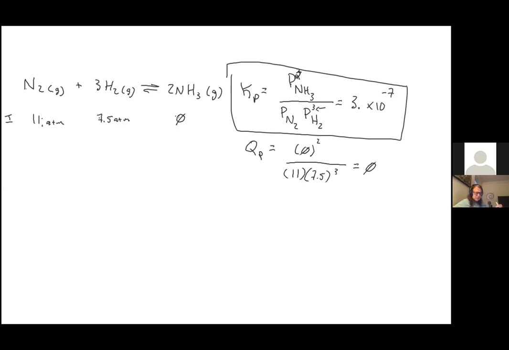If the numerator is 0 and the denominators are values greater than 0, then you're going to have 0 for Q. And here's what you want to remember. If Q, whether it's QC or QP, is less than K, then what will happen is the reaction, the terminology we use, is it will shift to the right.